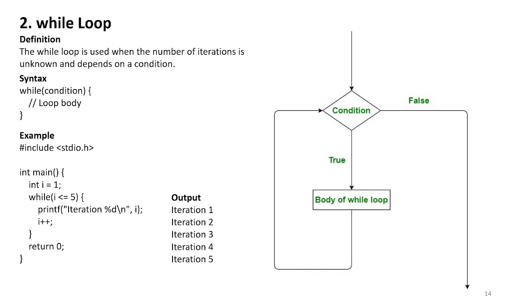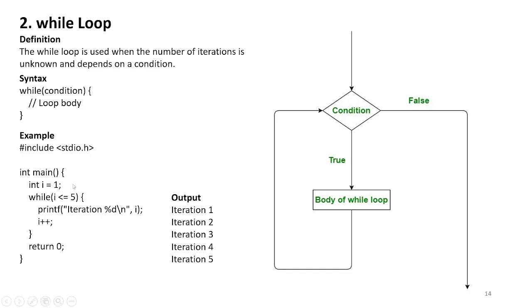Here is a code. It's iterating while the number is less than or equal to 5. If the number becomes greater than 5, let's say 6, then it will not be executed.